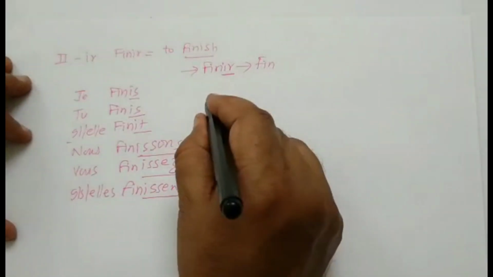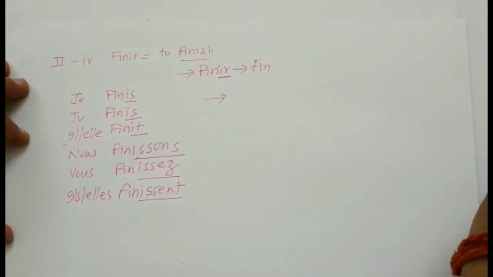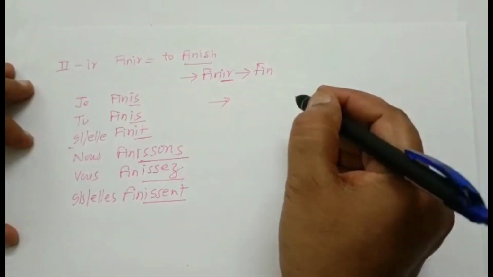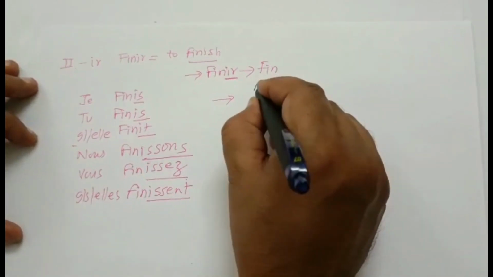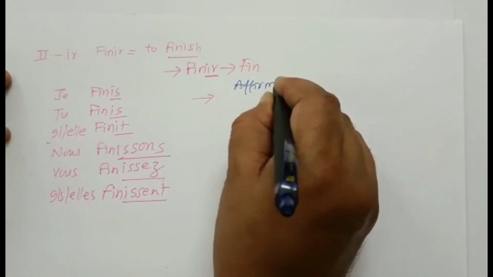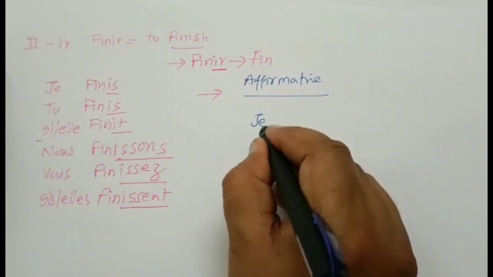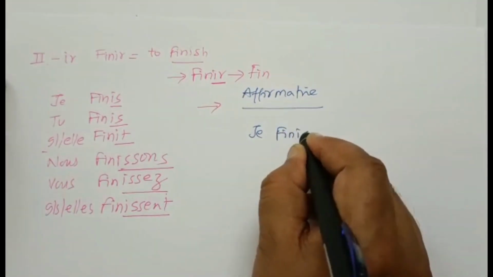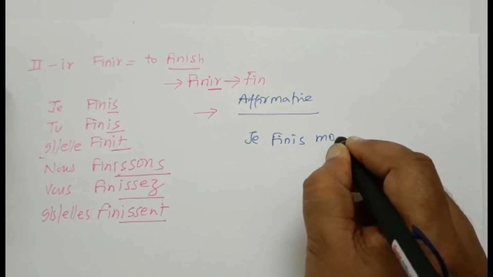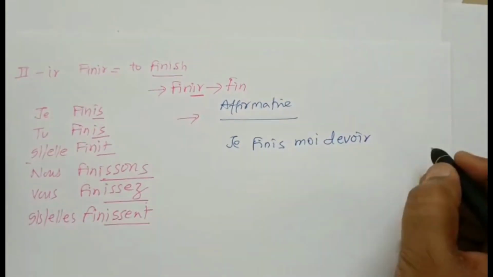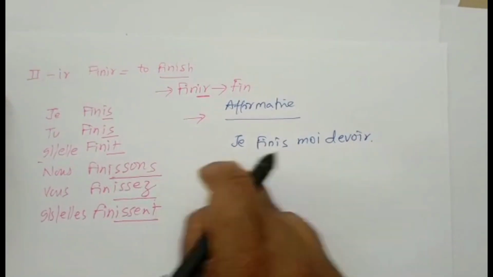Now if I'm going to make it clear how to make the negative sentences for the second group verb, let us take any example. For affirmative sentences first. Affirmative sentences may be made: Je finis mon devoir. I finish my homework.